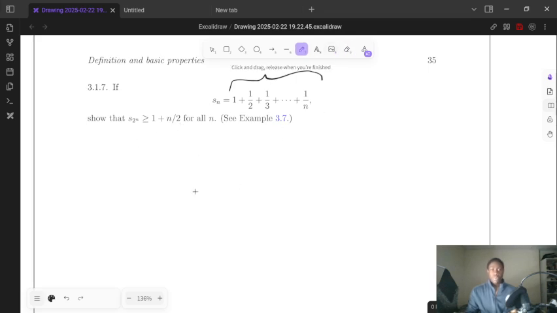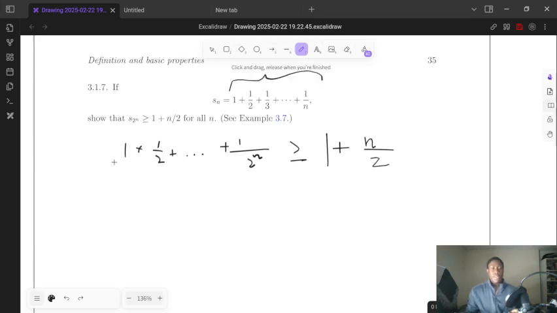In other words, if I write that out, I have 1 plus 1/2 plus all the way to 1 over 2 to the n, that is greater than or equal to 1 plus n over 2. So that's what we're trying to show.